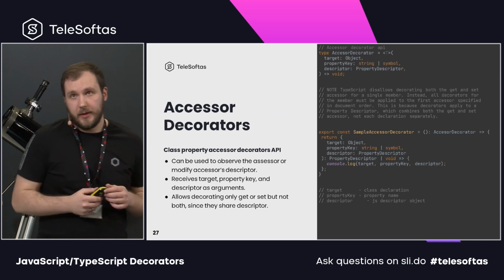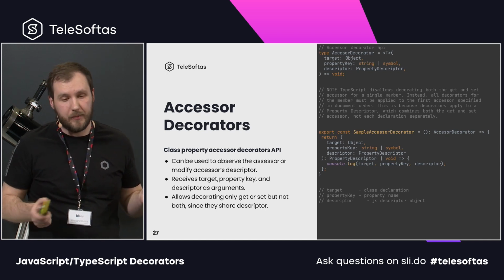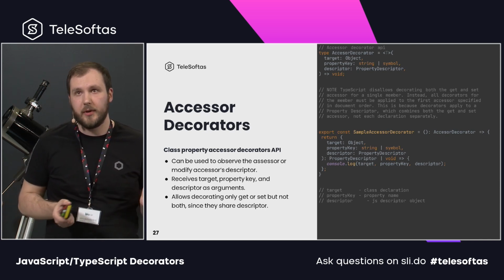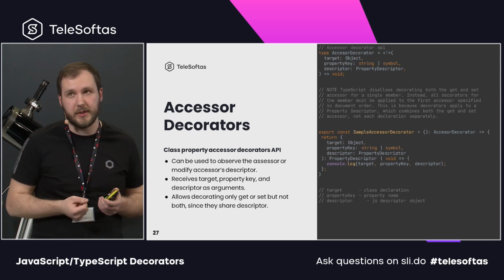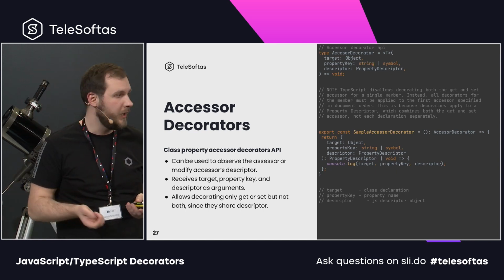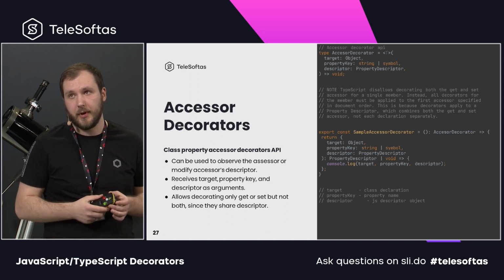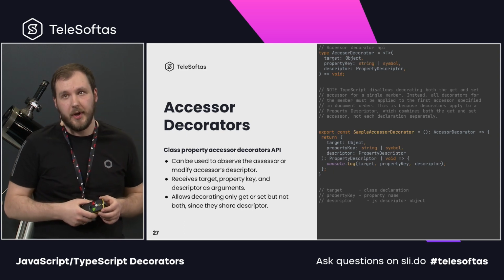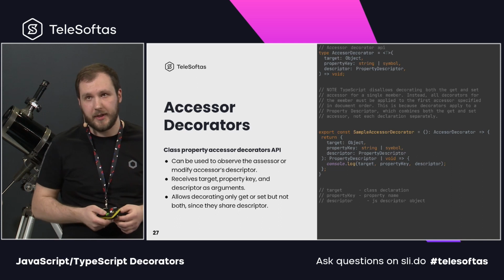Then there's Accessor Decorator. Similar to property decorator, it can be used to add additional information about that property. It actually receives three arguments: a target, which is a class definition, a property key, which is a property name, and an accessor property descriptor, which can be used to modify the behavior of a getter and setter.